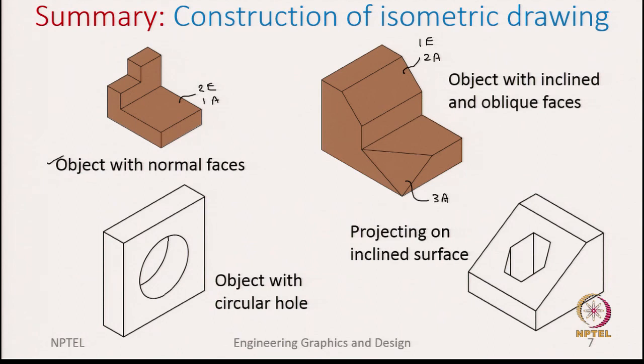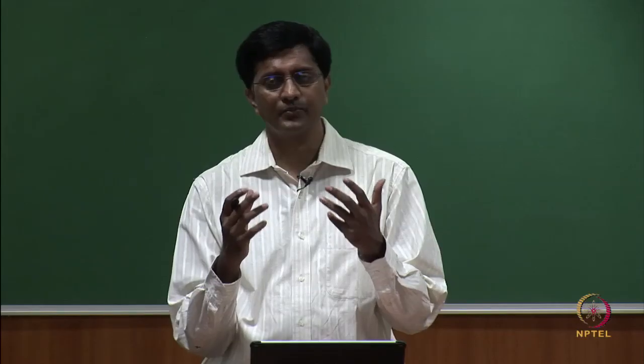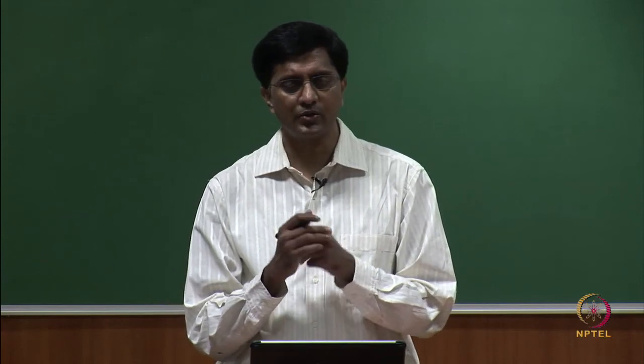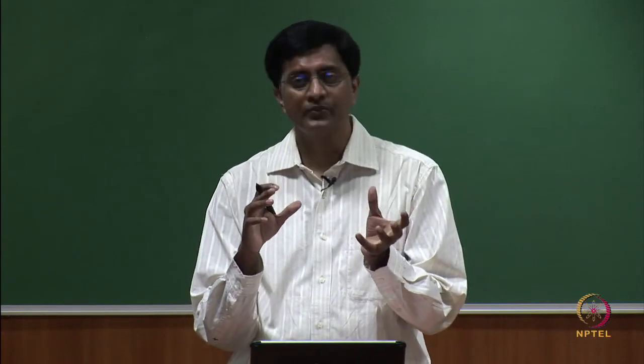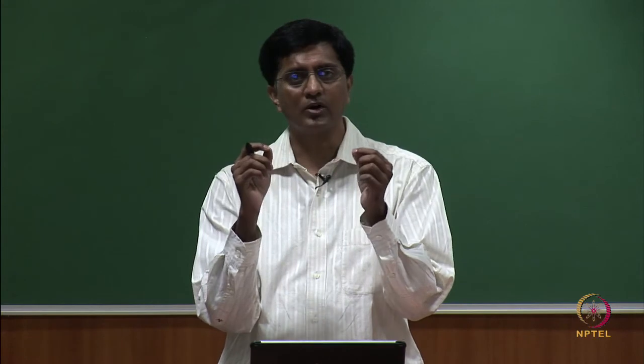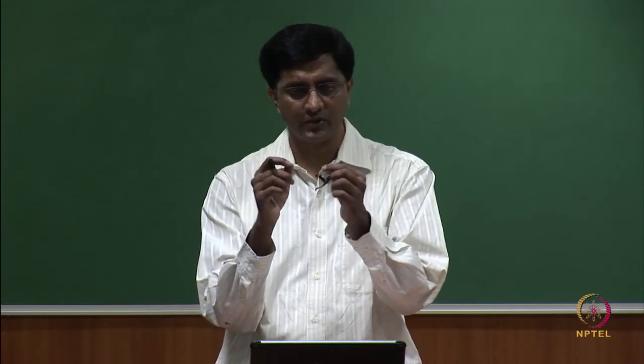And later we said that circles look as ellipses in the isometric view, and we have looked at the 4 center method for how to draw this ellipse. And lastly, we said if we need to project something on these inclined surfaces, there is one method where we first draw the true view or the true shape, and then we follow the corner points of the shape.